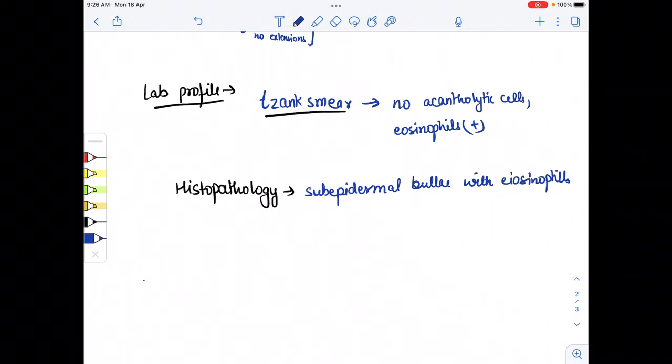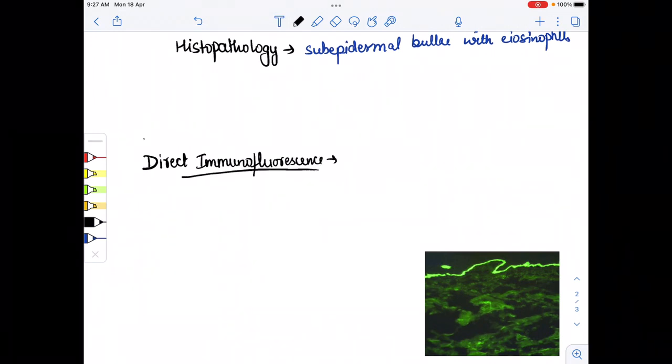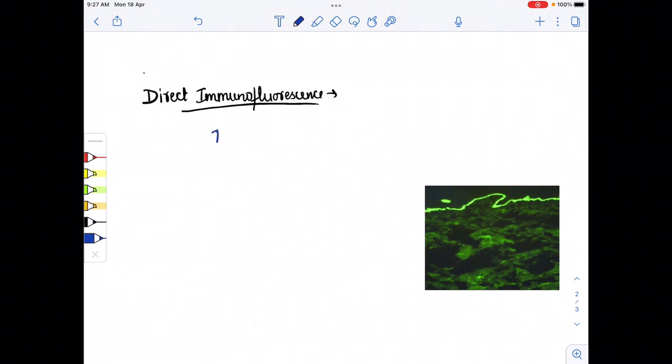Now on direct immunofluorescence, what we can see is the involvement of IgG. Please remember IgG is there, and C3 deposition is there, on the basement membrane zone.